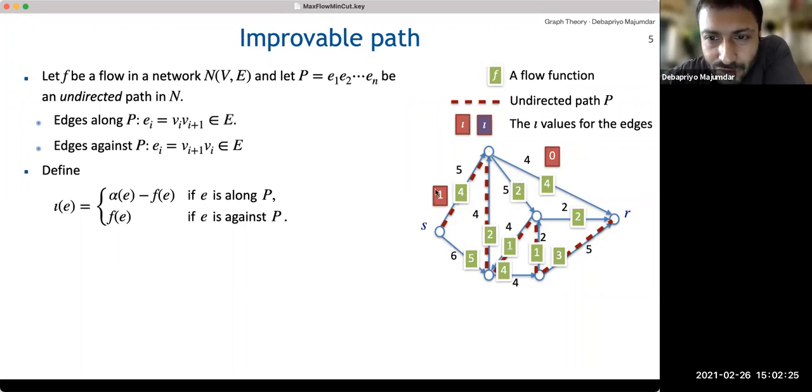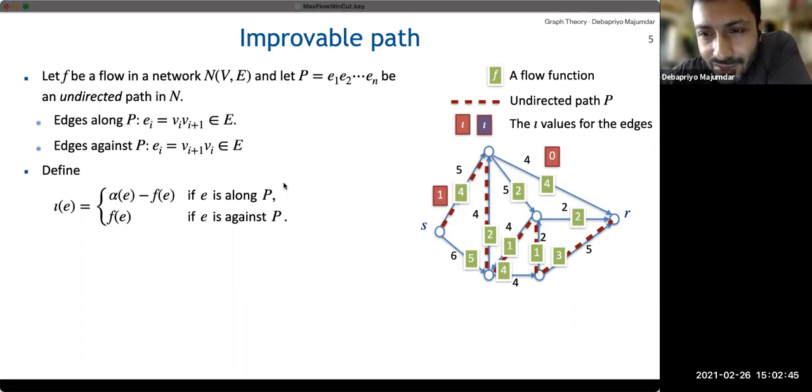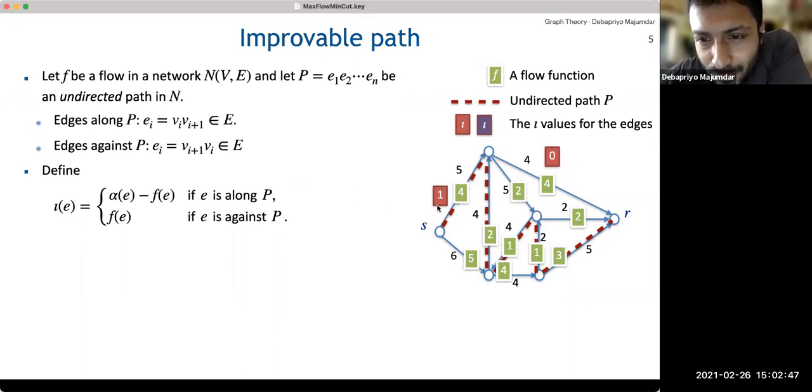Iota is 1 here, because capacity is 5 but the flow is only 4. We are talking about improvable paths, and this iota stands for something to do with improvements. It means that we can improve this flow a little bit more here, by 1. Now, what would be the iota for this edge?